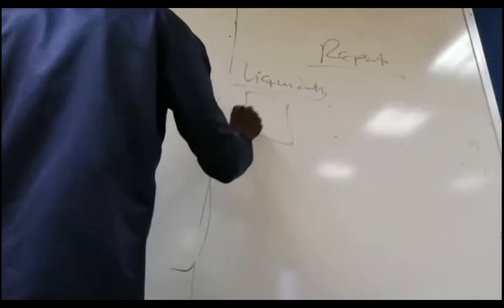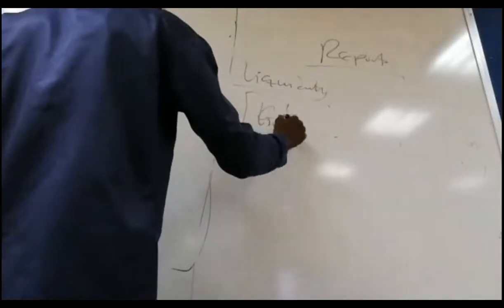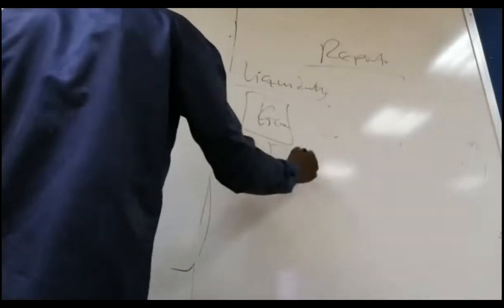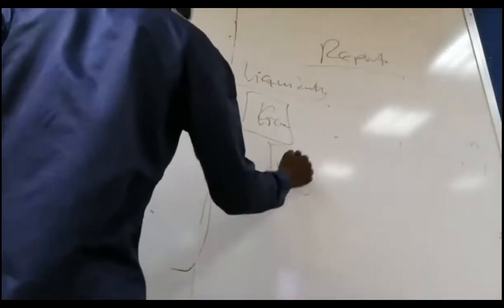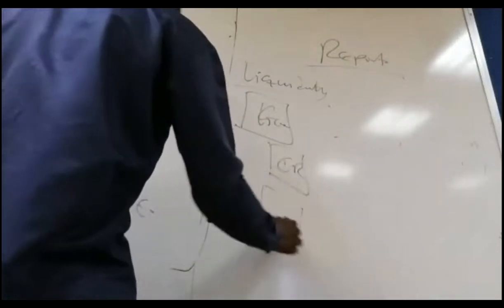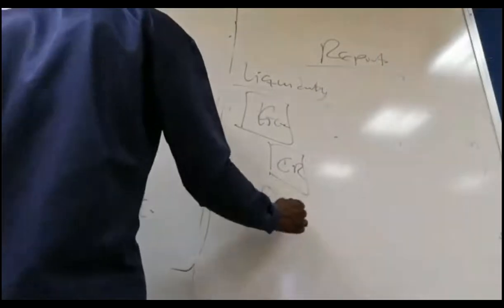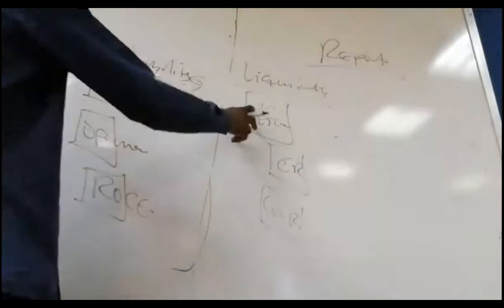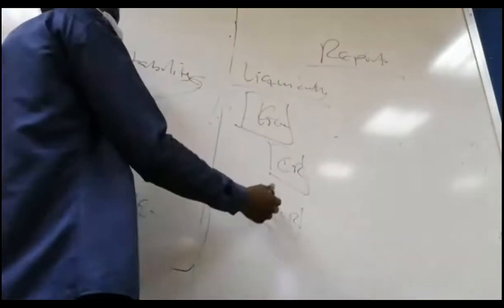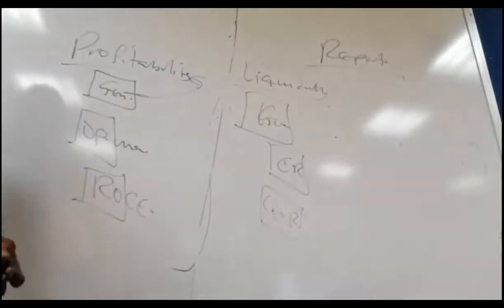First paragraph, talk about liquidity in general. Second paragraph, talk about the first ratio, current ratio. Then you talk about quick ratio. Why do you use the general? In events where the analysis does not go well, rely on the general to carry you. So do like this until you are done.